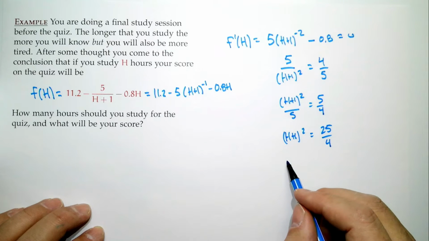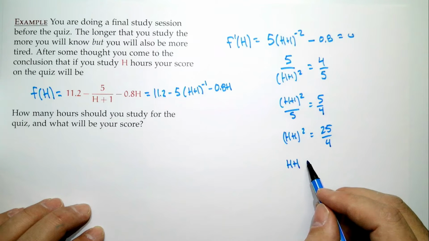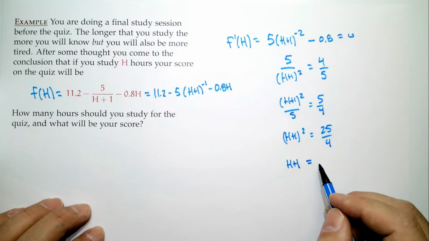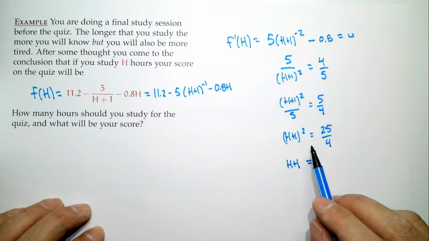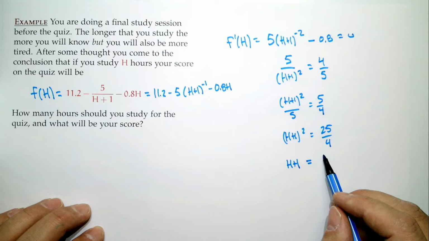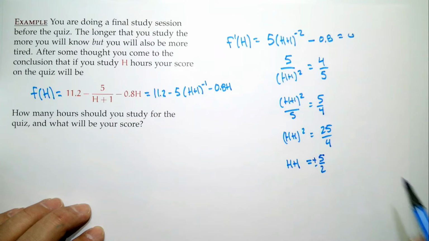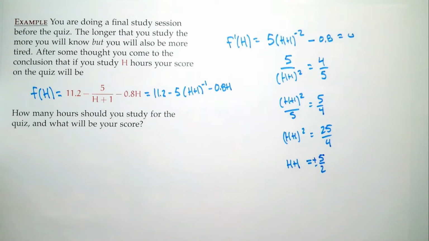Now what? Well, take the square root of both sides. We'll get h plus 1 should be 5 over 2 plus or minus. But some of these we can rule out.